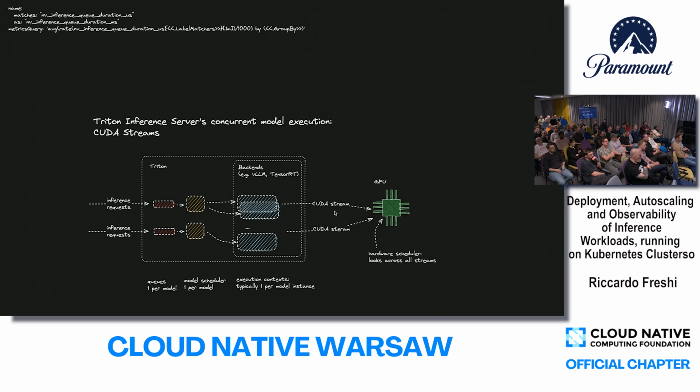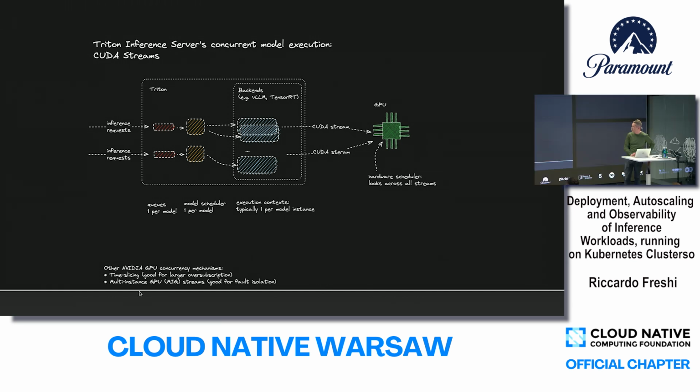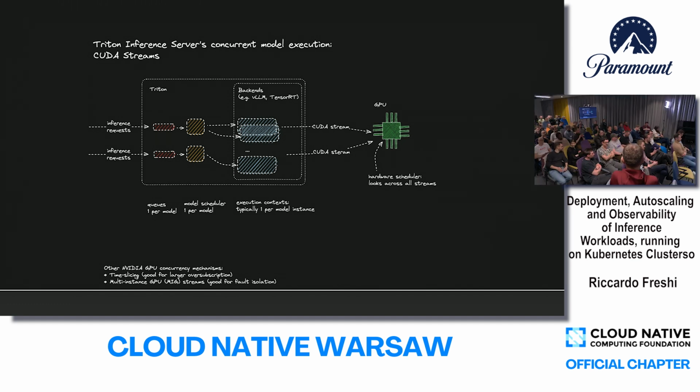The other options you mentioned are probably time slicing and multi-instance GPU. Multi-instance is the one you just mentioned, which divides the GPU in space, breaking it down into multiple areas. I believe this operates at the hardware level of the NVIDIA solution, and what I was speaking about operates more at the software level.